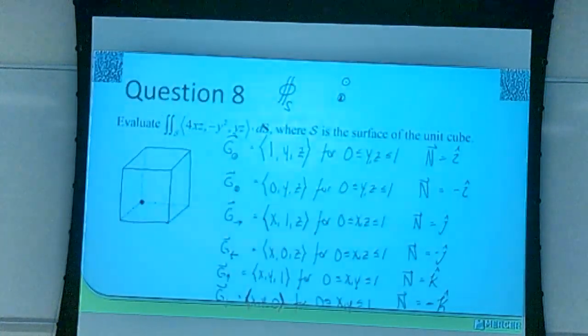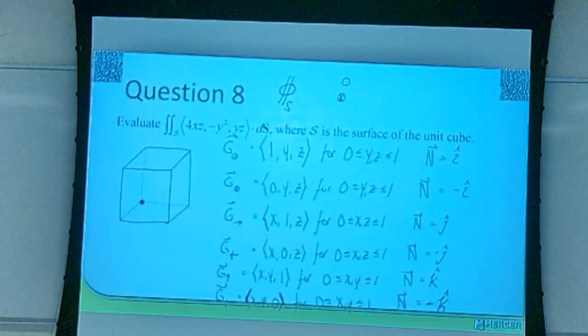Start at the top. Both Y and Z go 0 to 1. We want to evaluate our field for xz, negative y squared, yz along the surface.